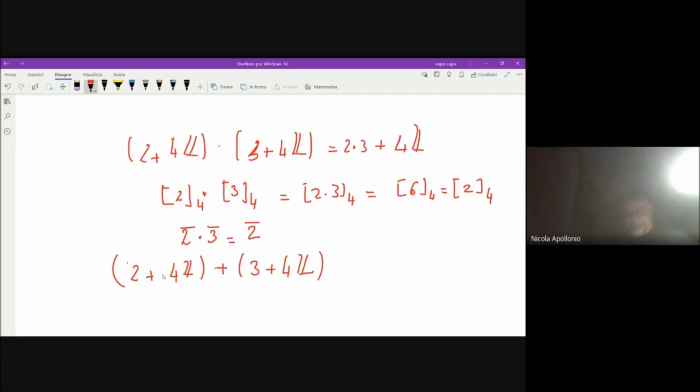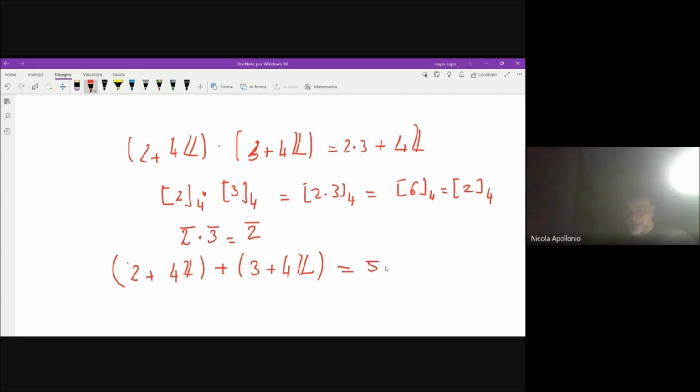So the strategy is to pick one particular element here and one particular element here, sum them, and observe that they can always be written in the form of the sum of the elements plus a multiple of 4.